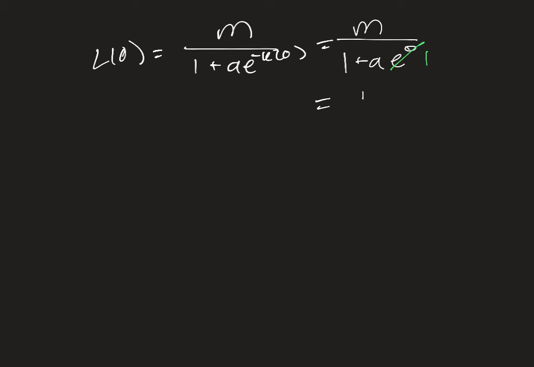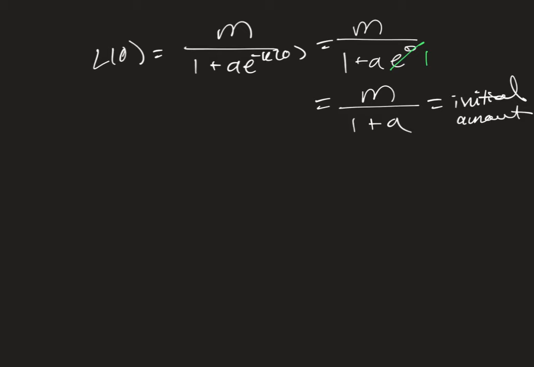So now we have m over 1 plus a. That will be your initial amount, depending on what m and a are. You can find that number. So this is your initial amount of people who were infected, or the initial amount of people or wolves or whatever.